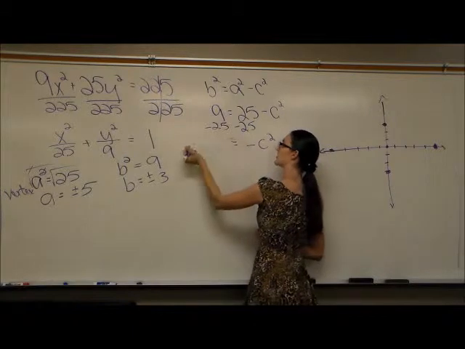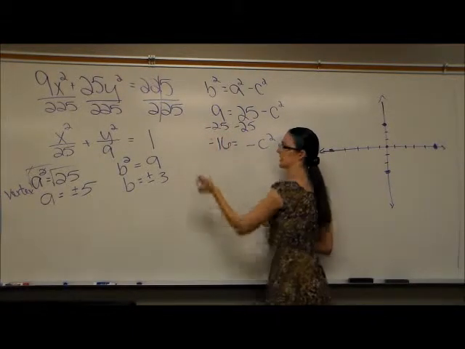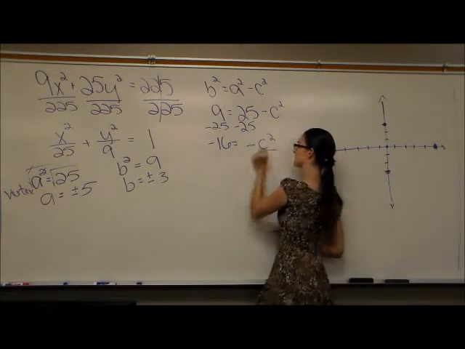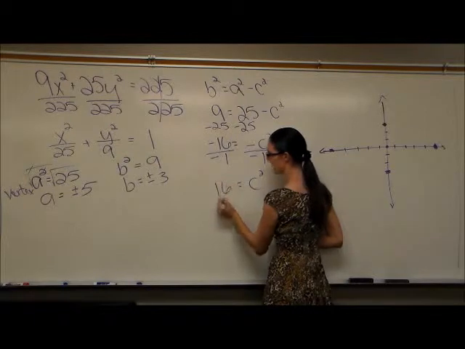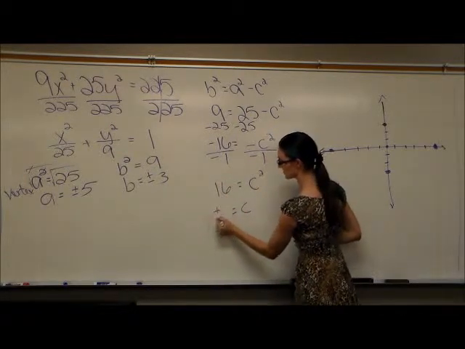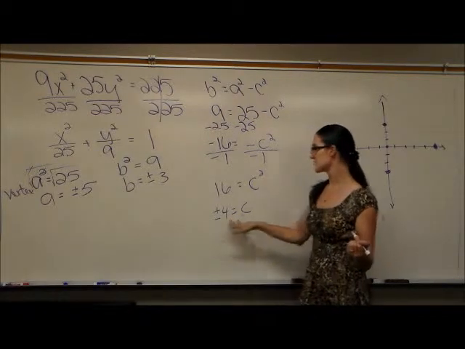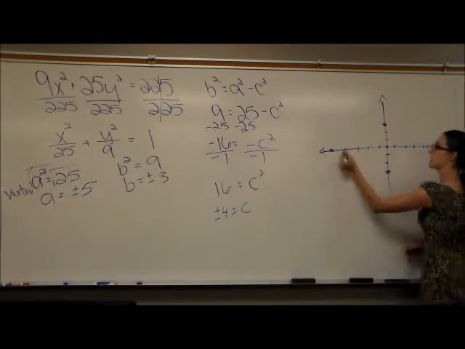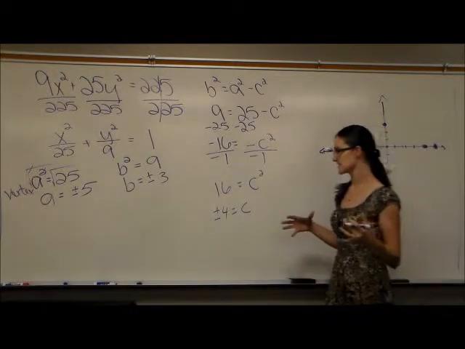Negative c squared equals 16, divide by negative 1. C squared is 16, which means c is plus or minus 4. Okay. So if c is plus or minus 4, that's your focus, meaning you're going to have those points right there on your major axis.